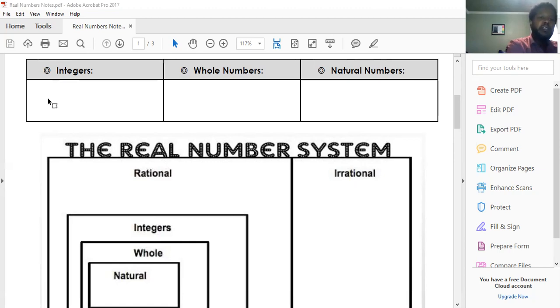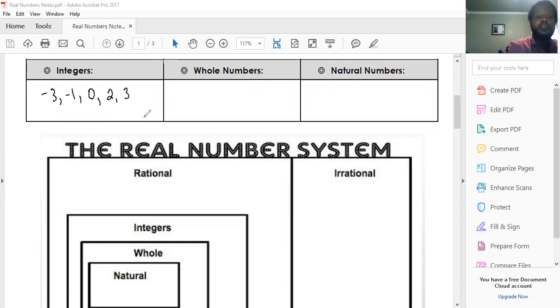So integers could be anything from -3, for example, would be an integer, right? -1 would be an integer. 0 would be included in an integer. 2, 3, right?